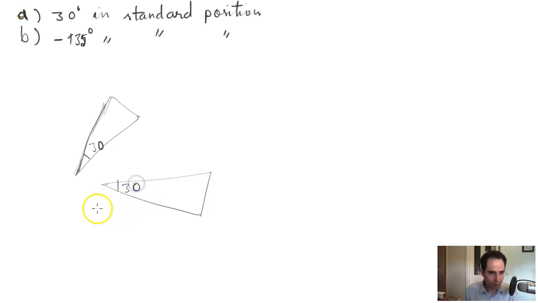Again, this is a 30-degree angle, this is a 30-degree angle, and so on and so forth. But these 30-degree angles are not in standard position. The initial side of the angle is somewhere in space, and I keep moving it, so it's just not the standard position.